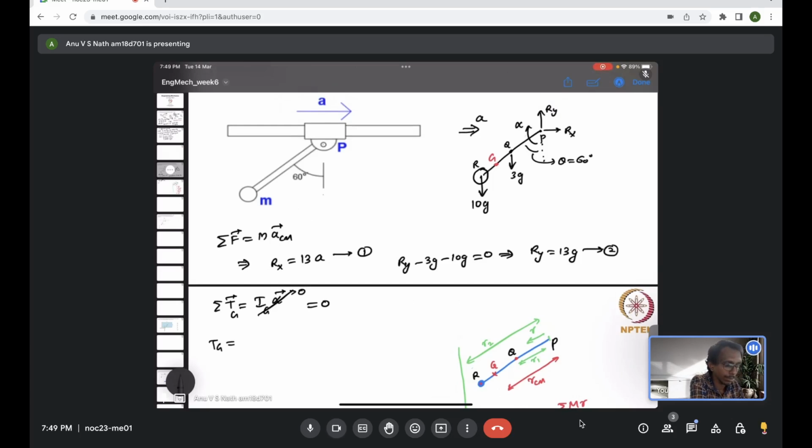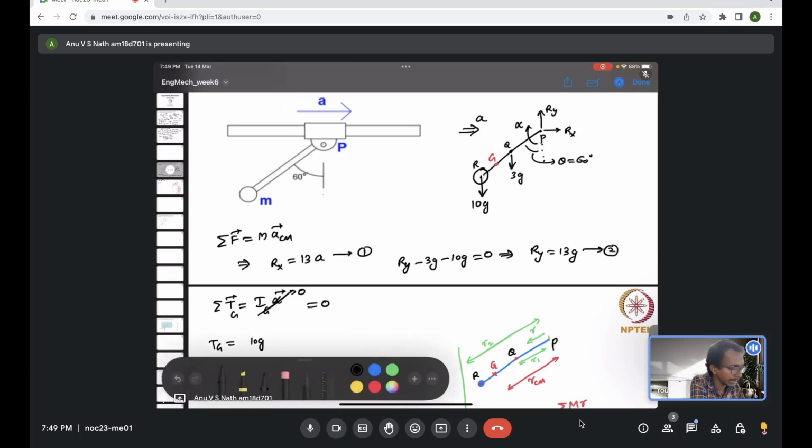All the forces, which are the weights 10g, 3g, Rx, Ry, about the center of mass will create a moment. Now you start with 10g. 10g is creating a moment which is counterclockwise.